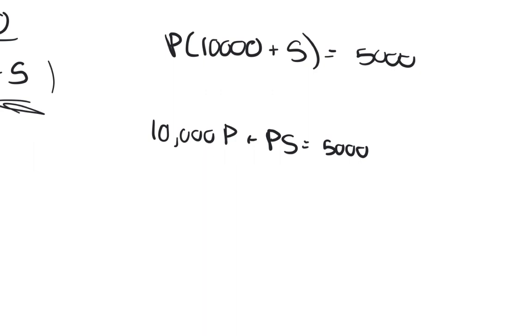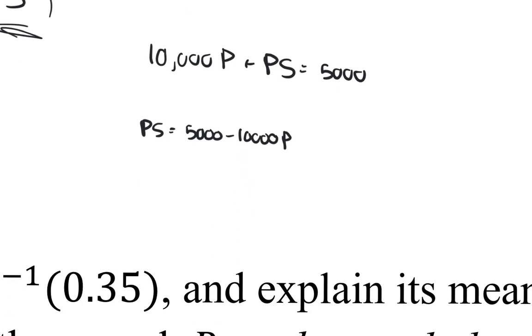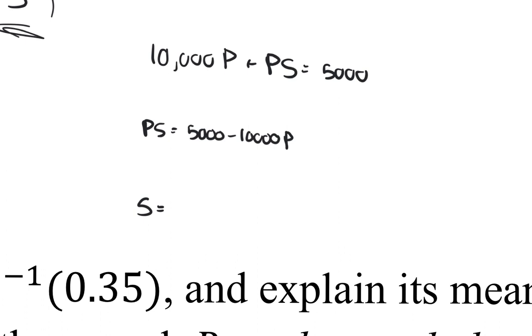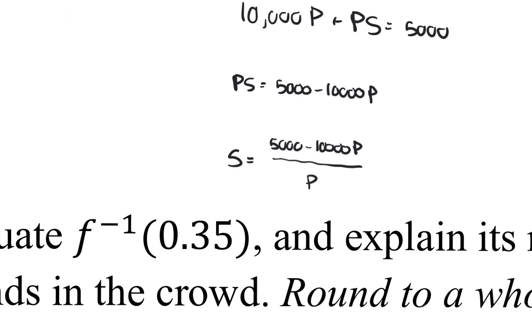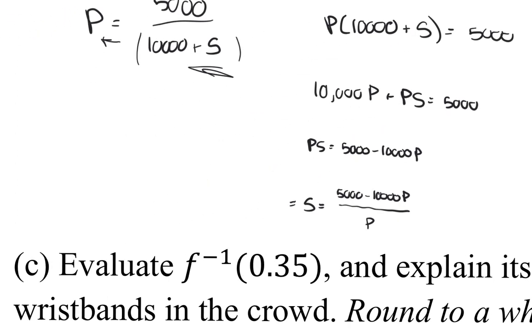We can say from there PS is equal to 5,000 minus 10,000 P, or S is equal to 5,000 minus 10,000 P over P. And S now is the same as f inverse of P.